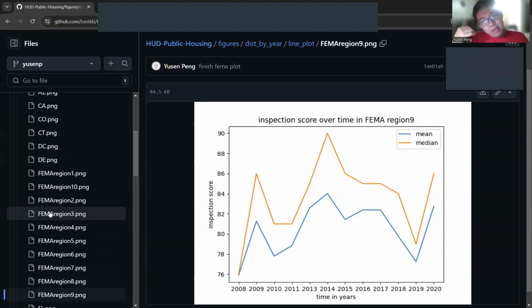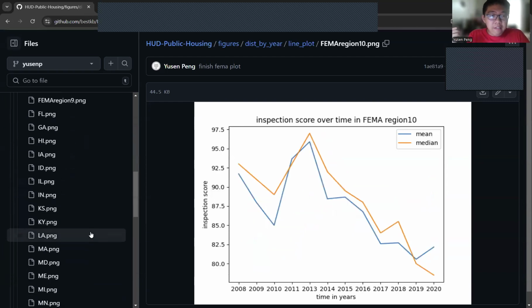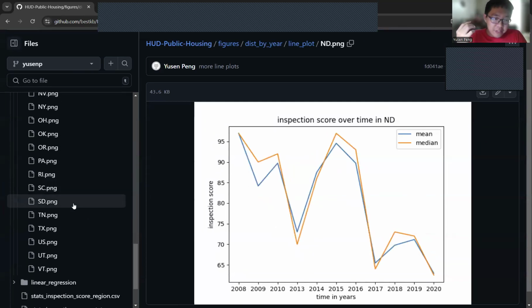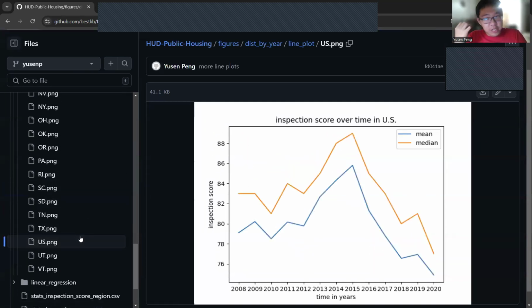But as I said, this is basic visualization. We didn't dive into why this is happening, but you got the idea: we have FEMA regions, each individual state, and the United States in general.